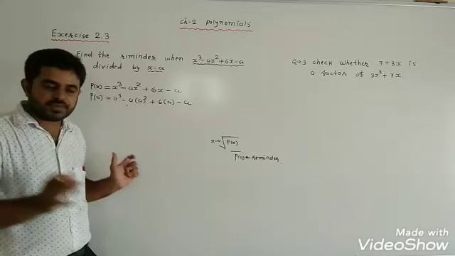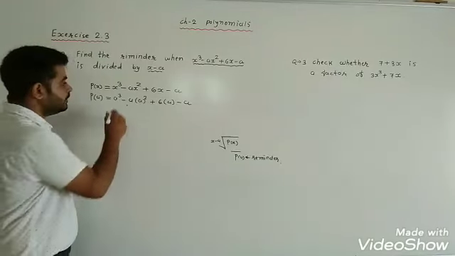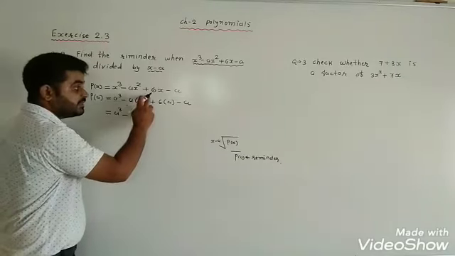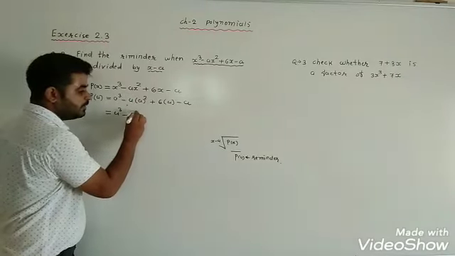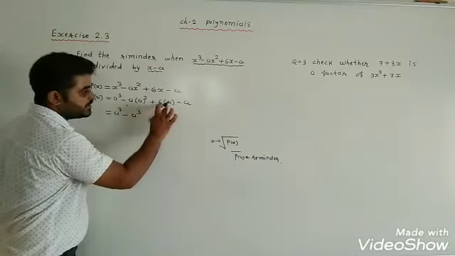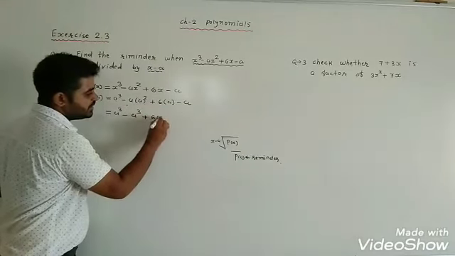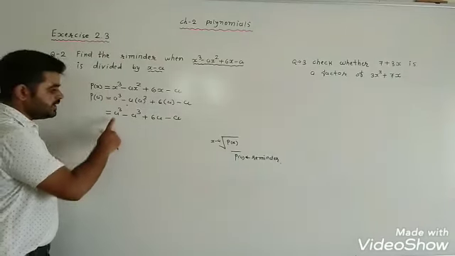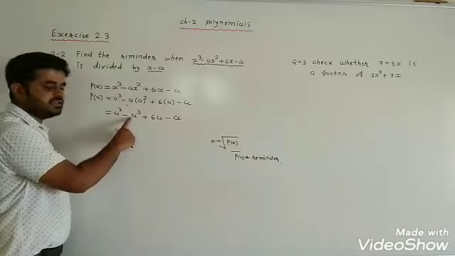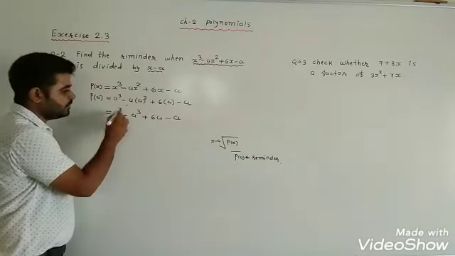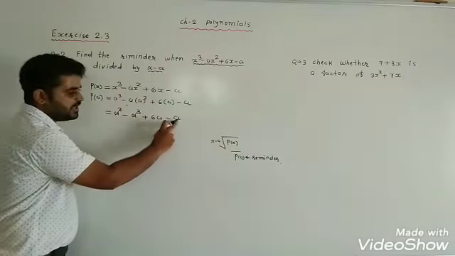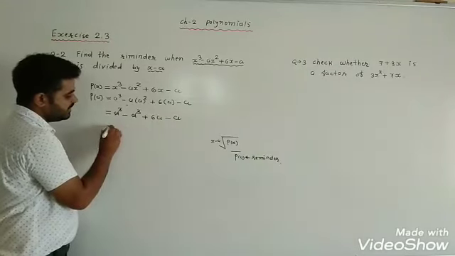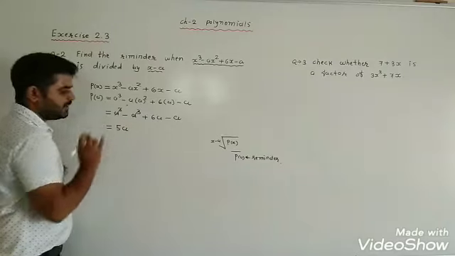On simplification, we have a cube minus a square into a, that is a cube, plus 6 into a, we have 6a, and minus a. Now it is a positive a cube and a negative a cube, so both will cancel. 6a minus a, these are similar terms, so we have 5a.